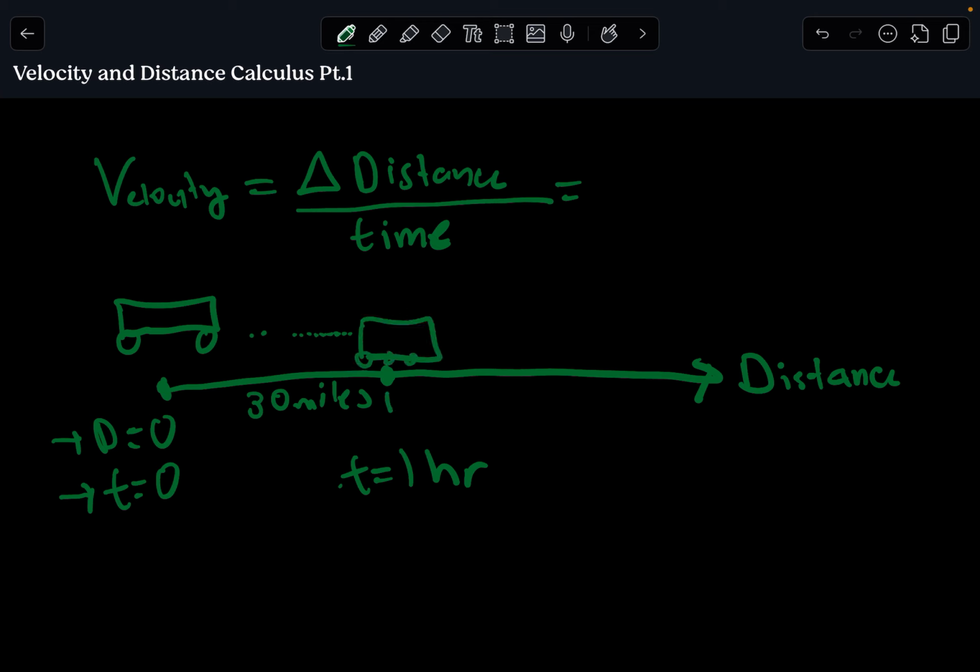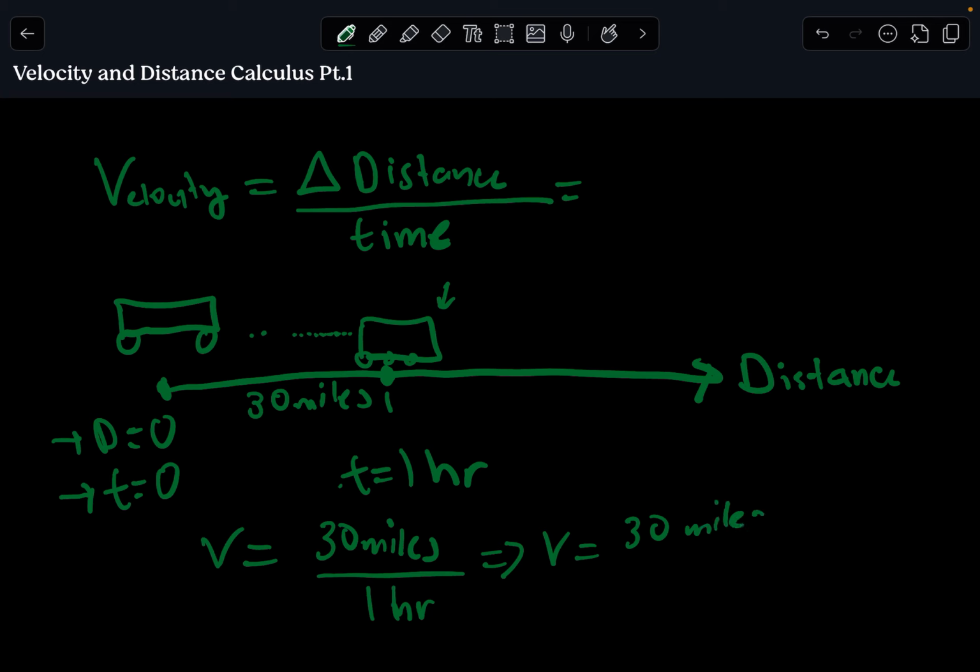During this time, we can say that the velocity of the car was the change in distance, which is the distance traveled, 30 miles, divided by 1 hour, which is our time period during this event. So our velocity is equal to 30 miles per hour.